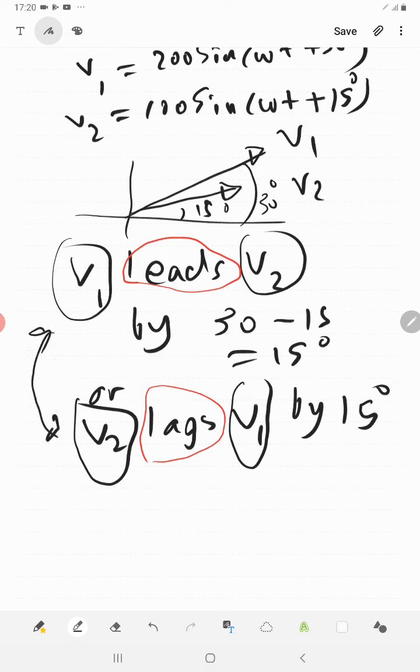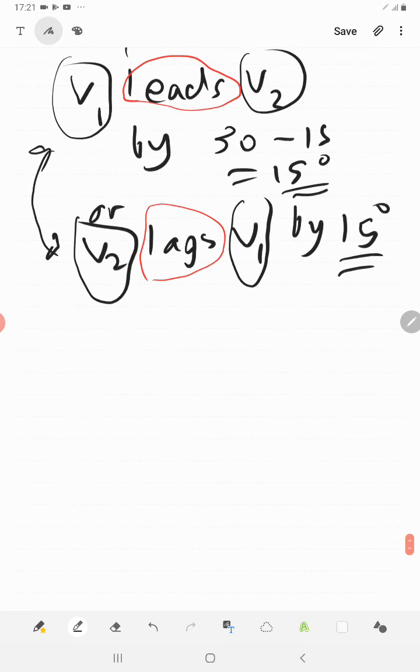We can say V1 leads V2 or V2 lags V1 by the same angle, 15 degrees. So what we did is two operations: we changed leads to lags, and we swapped V1 and V2. We have to do two operations to give the same meaning.